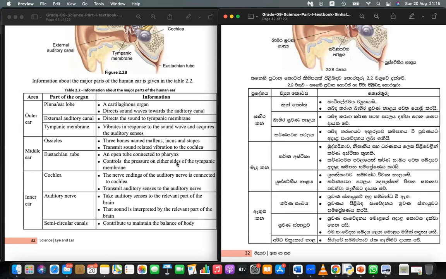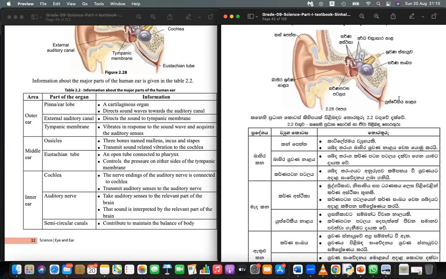That means in the tympanic membrane, if the pressure is not maintained, that might affect the vibration. And that will also affect the balance and many more functions indirectly or directly. So therefore, maintaining the balance is very important. That's why this thing is there. This is open to the mouth. Another here, you can see.